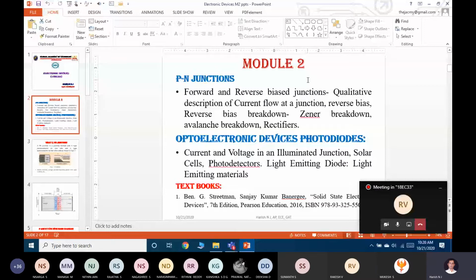Forward resistance is 0. Practically it will be somewhere in terms of ohms, let it be 10 ohm, and it allows a maximum forward current to flow through it. This is the parameter of a PN junction diode in the forward bias condition.